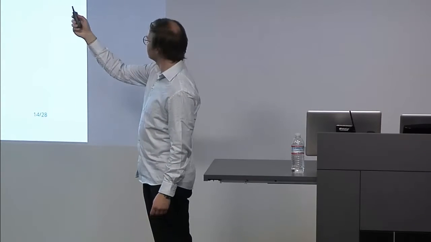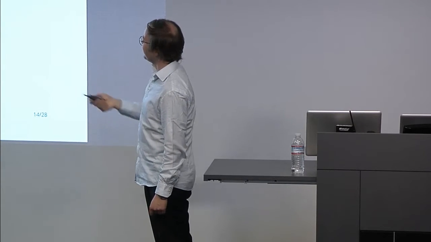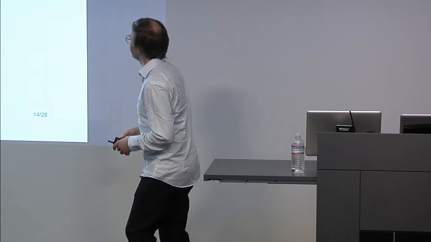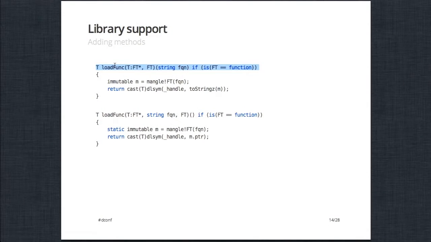Let's have a look at it. It's load function. It takes a type of a function pointer, and only a function pointer, which is ensured by the constraint. And as an argument to the template function, it takes a fully qualified name. It then uses another function to construct the mangled name out of it. This is a straightforward function to write, because you can take the mangling of the type and just use the fully qualified name.